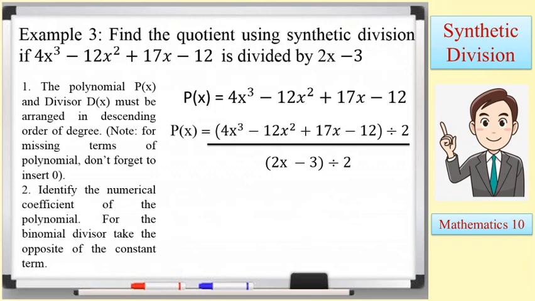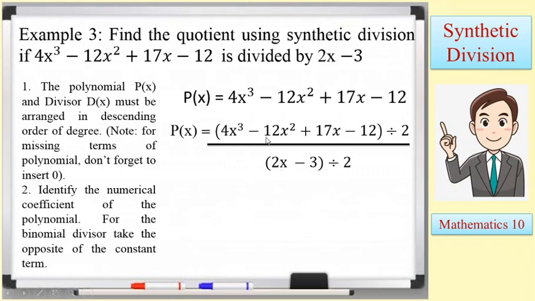Okay, so magkaiba sila ng sagot kapag direct tayong nag-identify ng coefficients at kinuha yung additive inverse ng ating divisor. Okay, so kinakailangan muna nating i-divide kung ano man yung number na kasama ni x sa ating divisor.